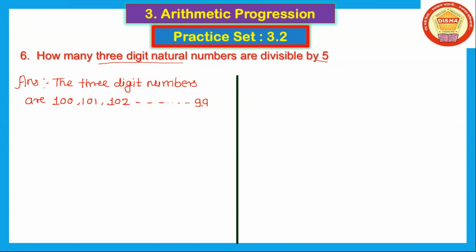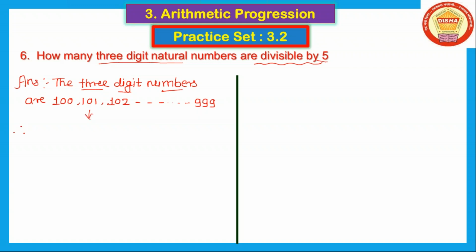That is 999. Okay, here only we are taking 3-digit numbers, but the condition is given as 3-digit numbers which are divisible by 5. So we are taking the numbers divisible by 5 from this sequence.